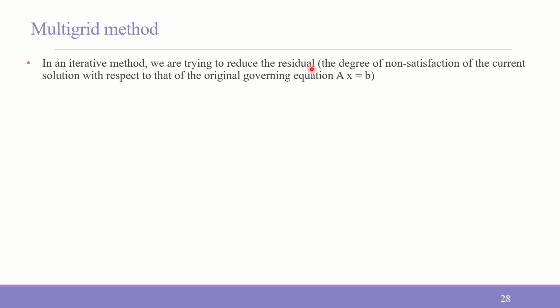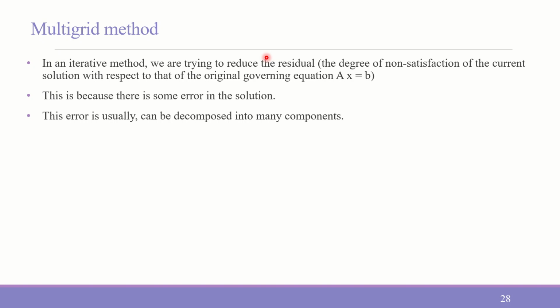That is the difference between those two, the degree of non-satisfaction of the current solution with respect to the original equation Ax equal to b. Basically in all the problems we are trying to do that. Because there is some error, we are getting some residual.